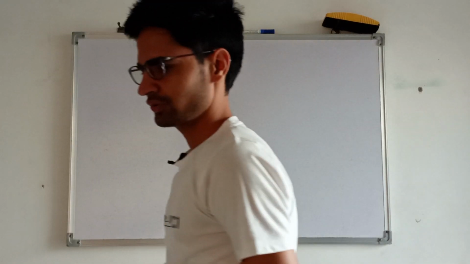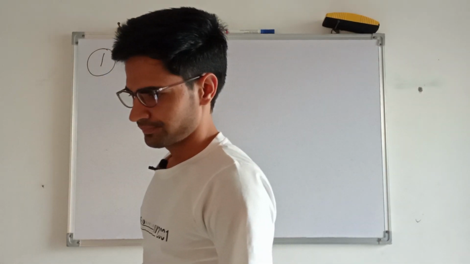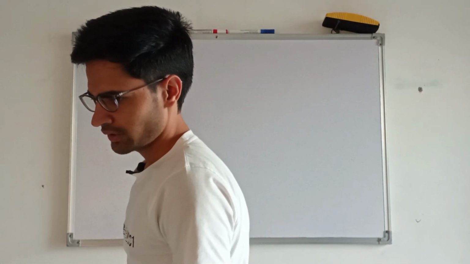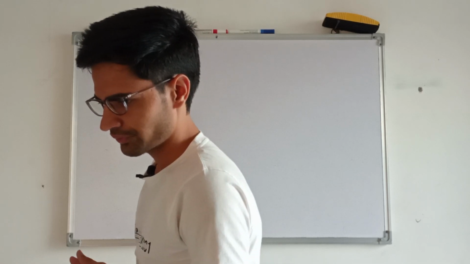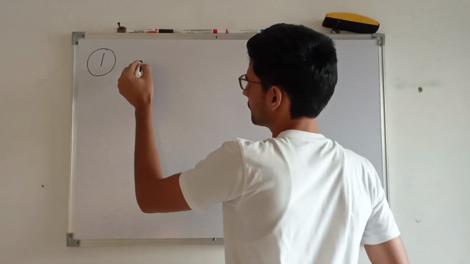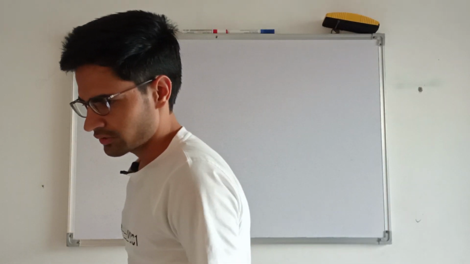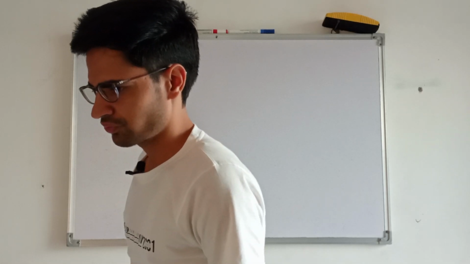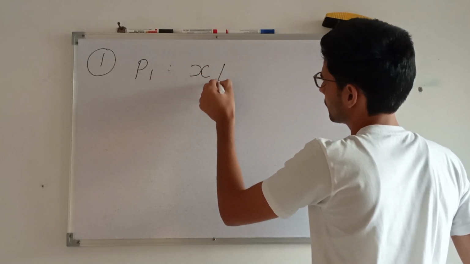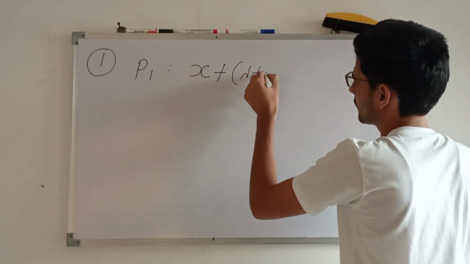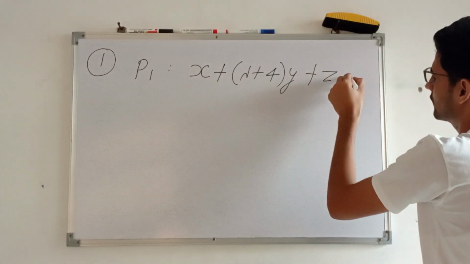So the first question for today is, there are two planes P1 and P2. Their equations are given. Plane P1 is x plus lambda plus 4y plus z is equal to 1.